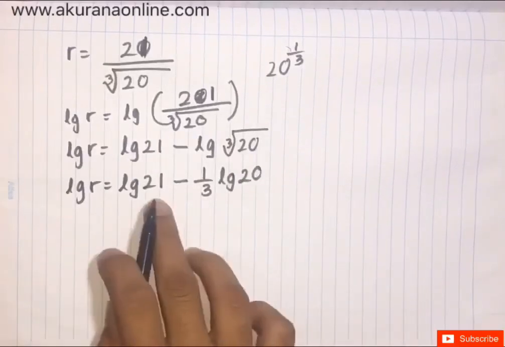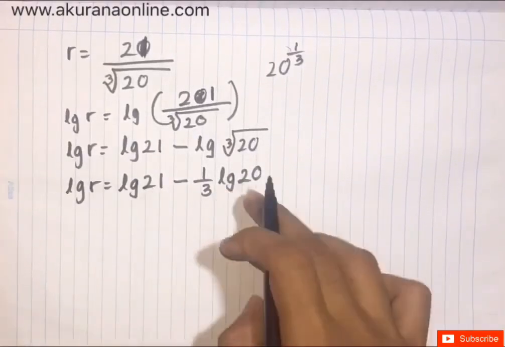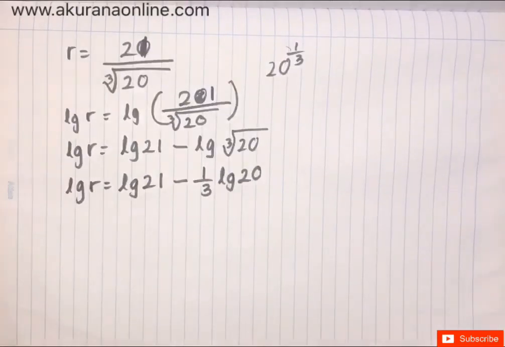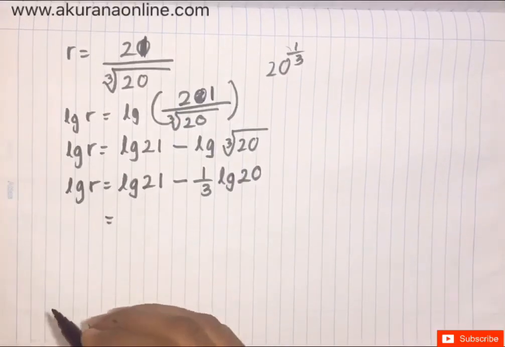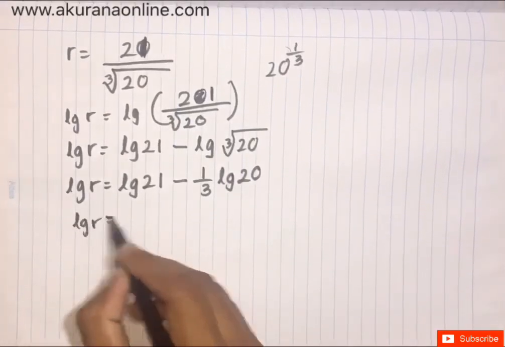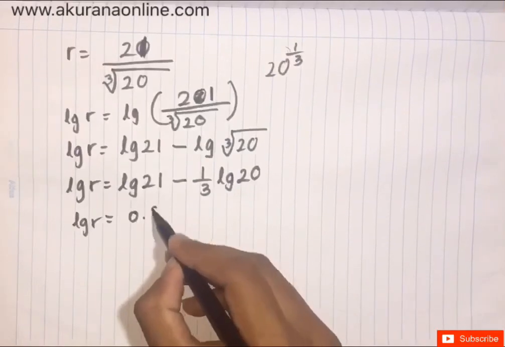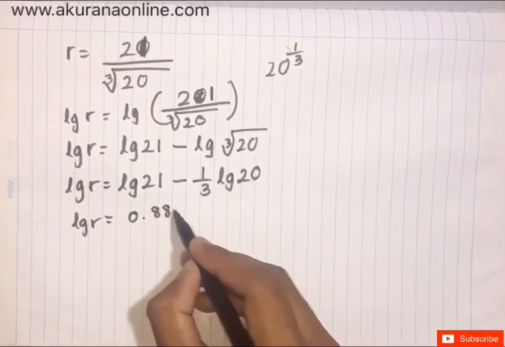Now you have to find the log of 21, log of 20 and then solve. I hope you know it. Once you solve, the final answer you will be getting, in the log form, is log of r equal to 0.8866.